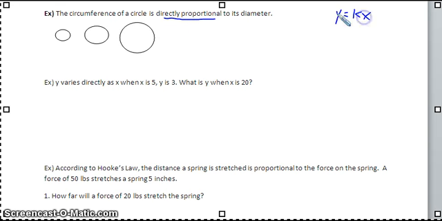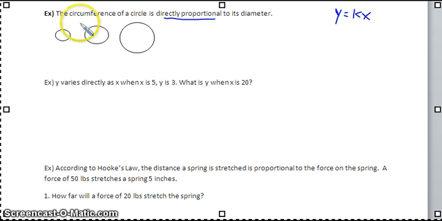When you have a story problem, though, instead of using the y's and the k's, let's use the variables that the problem starts off with. If it's circumference, we'll use a c. If it's diameter, we'll use a d. That way, when we go to use this to help us solve for something, then we know exactly what we should be plugging in for.